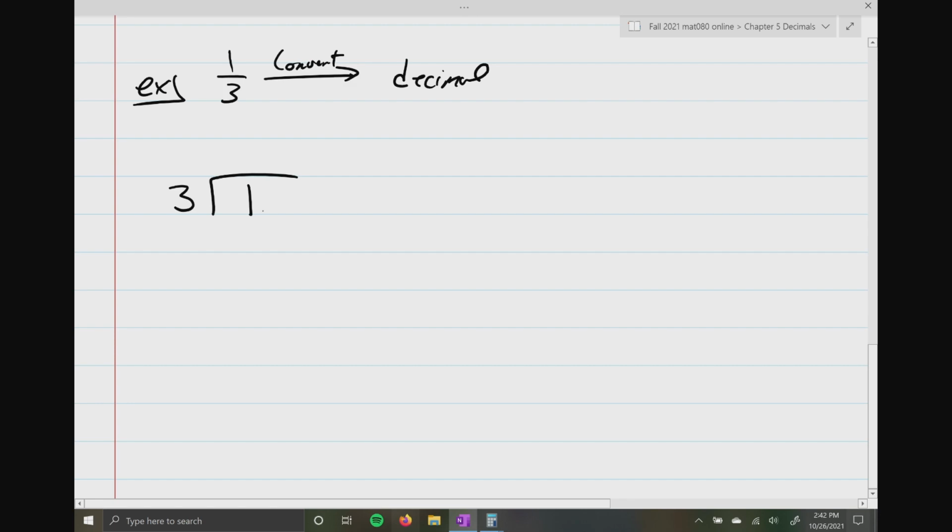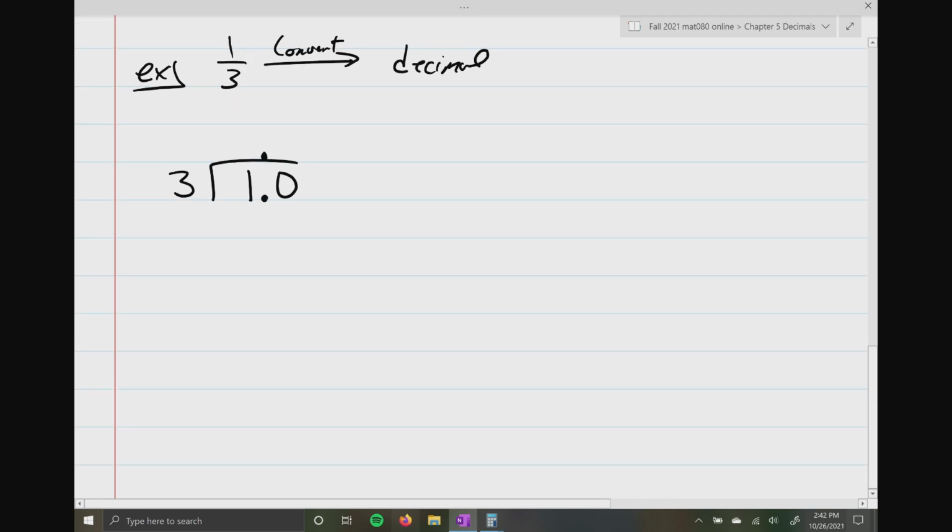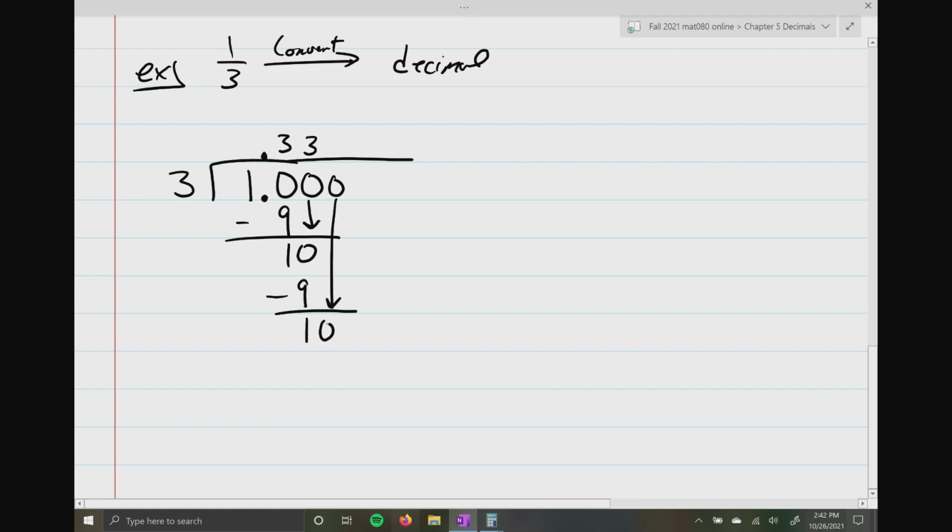So what we do is we put a decimal point, put it directly above, and add a 0. Now, here's what's going to happen here. 3 goes into 10 3 times. It gives me 9, and I subtract. I get a 1. Now I add a 0, drop it down. 3 goes into 10 3 times. I get a 9, subtract, that gives me a 1. I add another 0, and I just keep doing this.